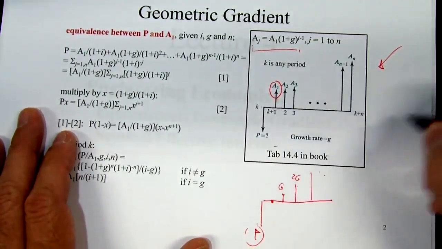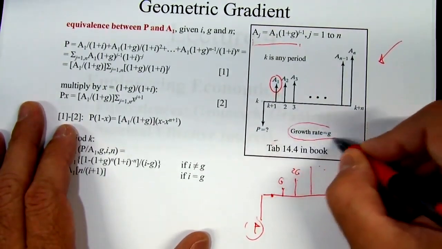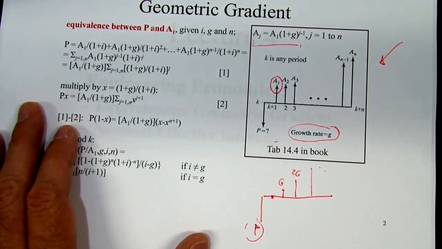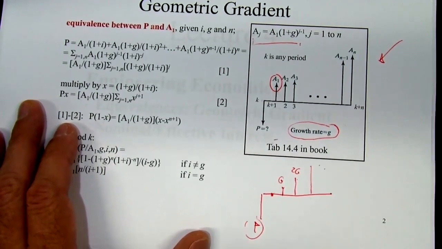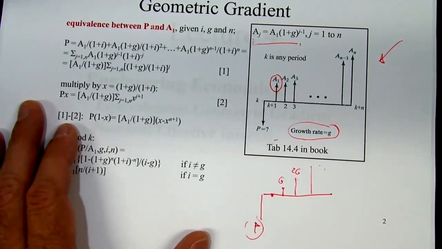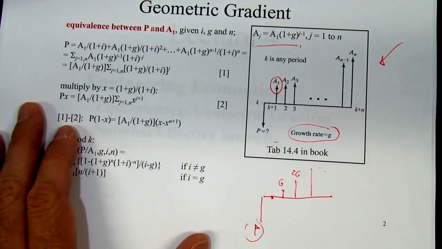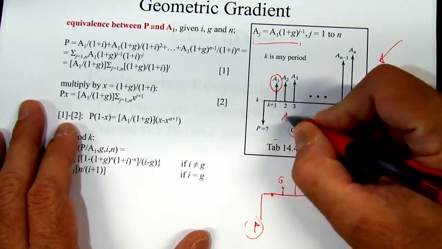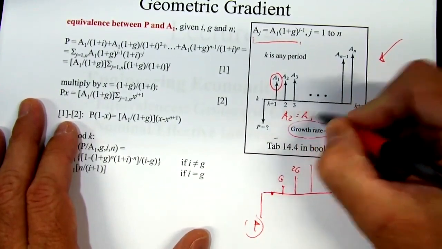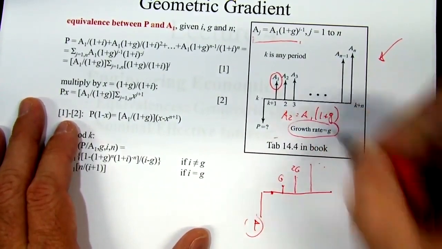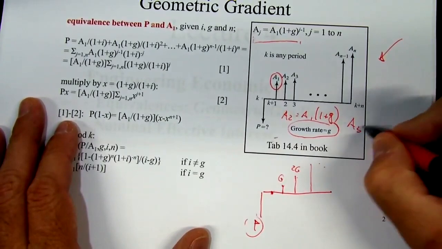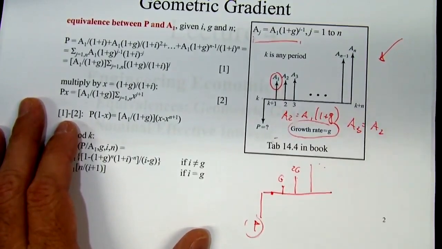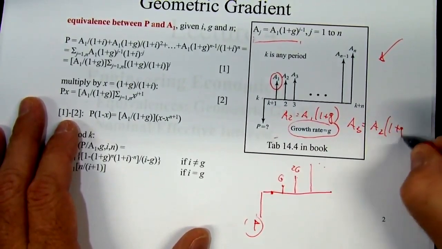We have a growth rate G, which is going to be given. You can imagine that being like an inflation rate, for example, over which the arrows will follow the growth. A1 is given, and A2 will be A1 times (1 plus G). Then A3 will be A2, the previous one, times (1 plus G) again.